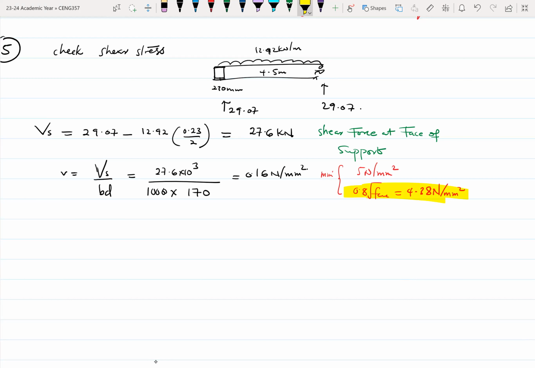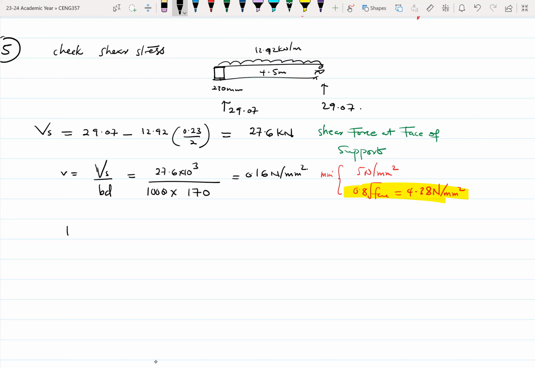Since our maximum shear stress is less than one of these, we are good to go. It means we can go ahead and calculate our final shear stresses, because failure is governed by diagonal tension, not diagonal compression.